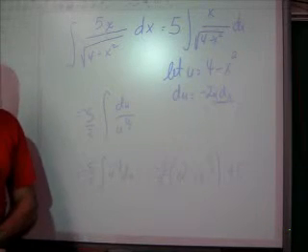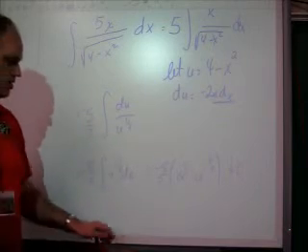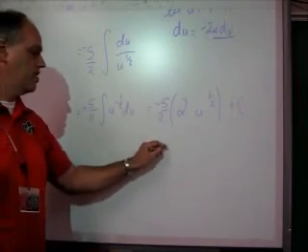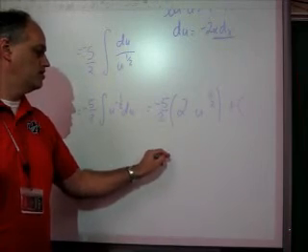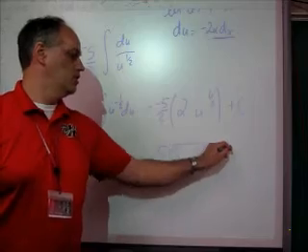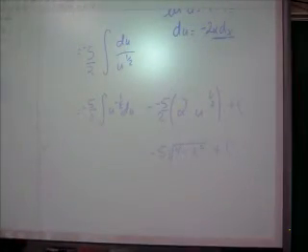We agree? Anybody have a problem with it? Okay. So negative 5 times the square root of 4 minus x squared plus c. An entirely different looking answer, an entirely different valued answer than the previous problem.